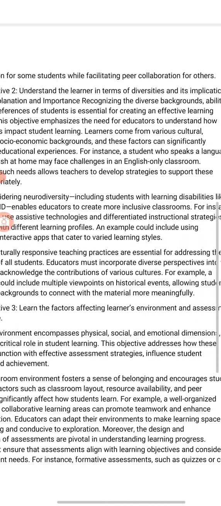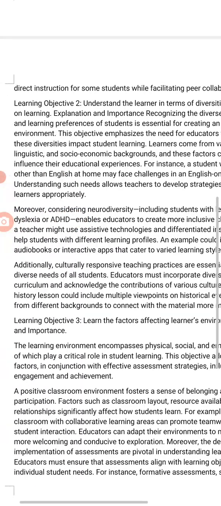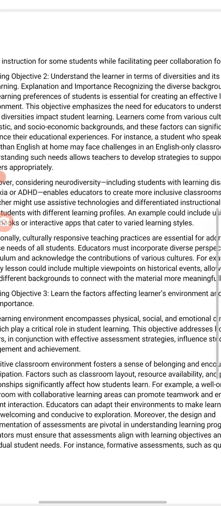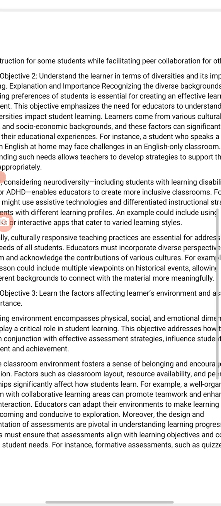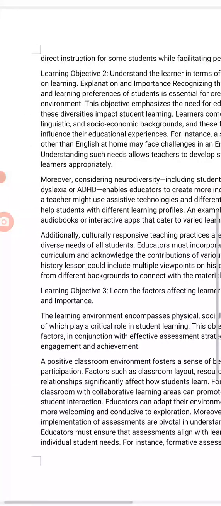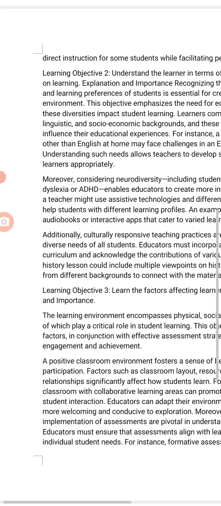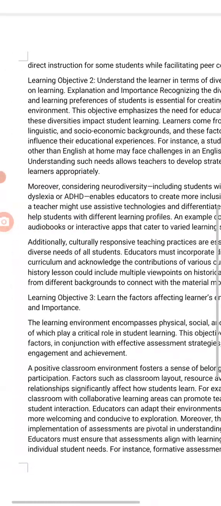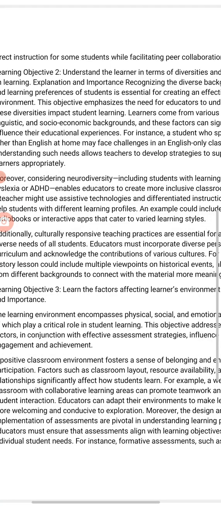We emphasize the need for educators to understand how this diversity impacts students' learning. Learners come from various cultural, linguistic, and socio-economic backgrounds, right? And these factors can significantly influence their educational experiences.